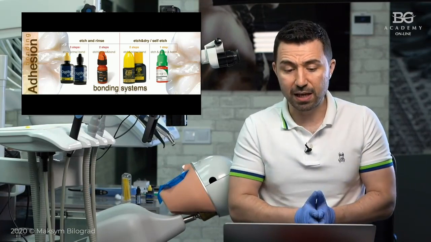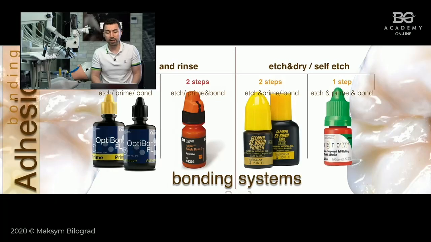You can see on that slide that OptiBond FL, for example, that is considered to be the golden standard in bonding systems, is fourth generation: primer separately and bonding separately. And then you have, for example, Single Bond or Scotchbond 2 by 3M or similar products by other companies. One bottle, primer and bonding in one piece, in one bottle.